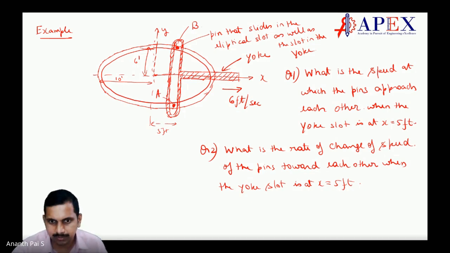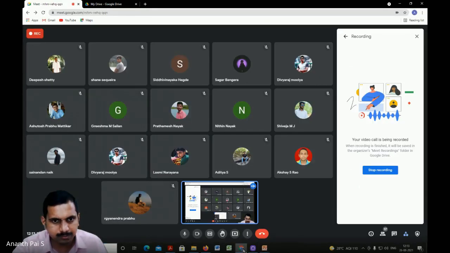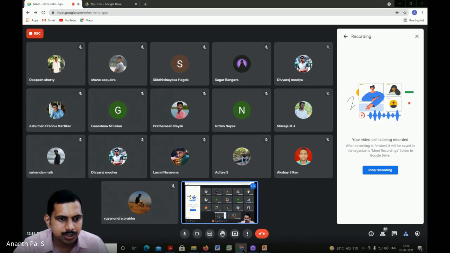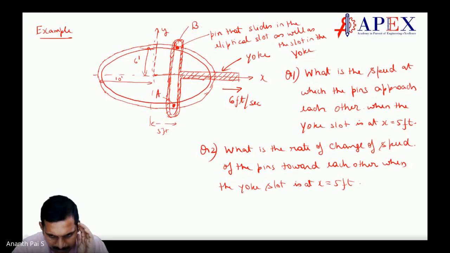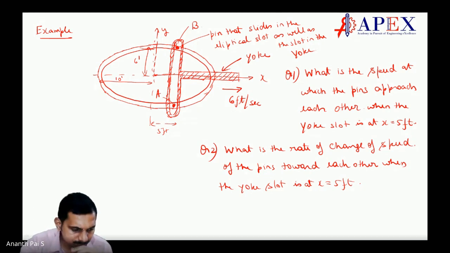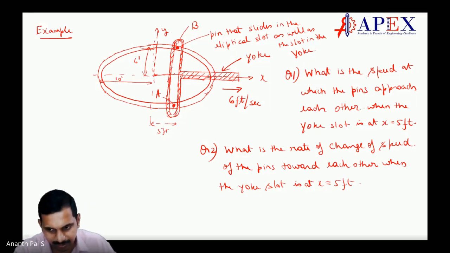Ashutosh, Akshay, you should do it very fast. Ashutosh, Akshay, Grishma. Grishma, you remember this? And who else? Diviraj. I don't know whether Lakshmi Narayana has attended this class. Gyanendra, you attended this class, right? No, sir, I was not there for this. Okay, then fine.